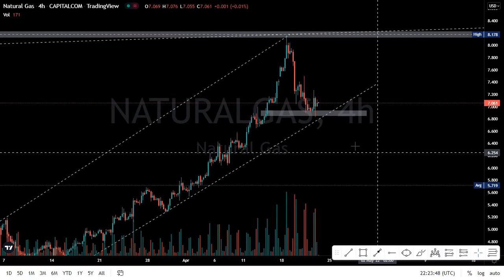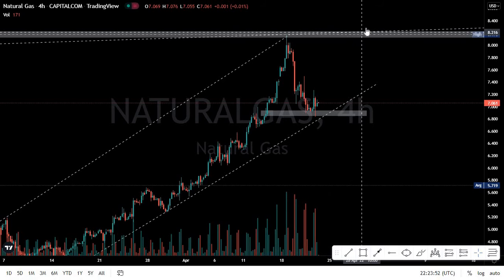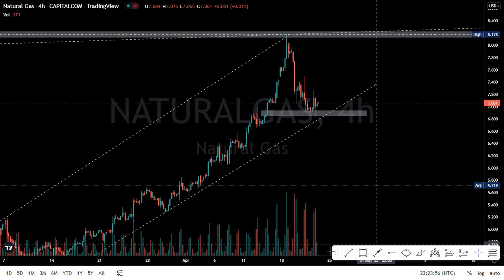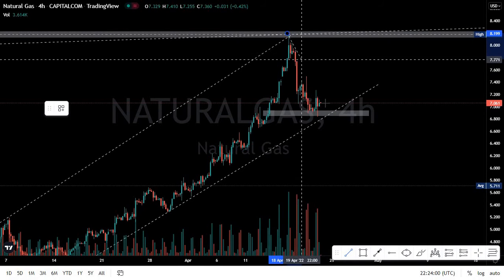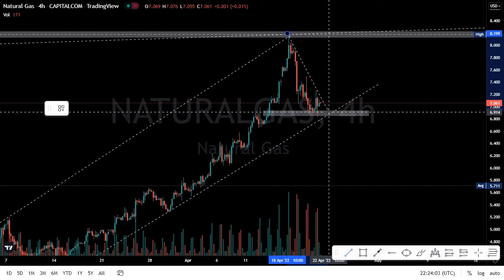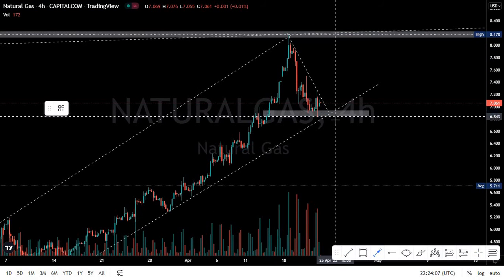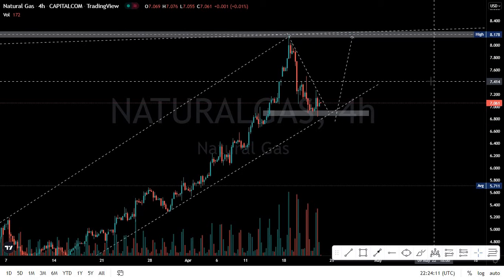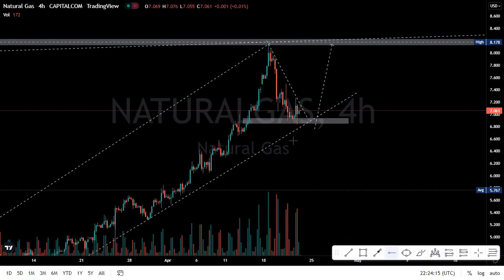On my daily time frame, I said I'm expecting a buy all the way to this resistance level, and according to my H4 time frame as well, I'm still looking forward to buy this instrument from this level all the way to this level. But at the moment we do not have a buy entry. At the moment we just have to wait.